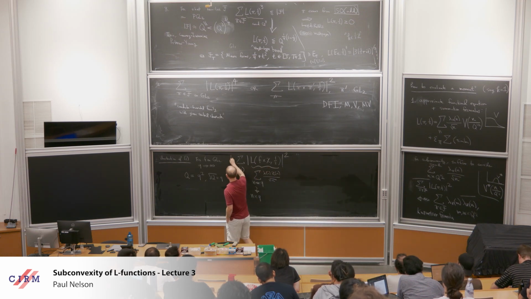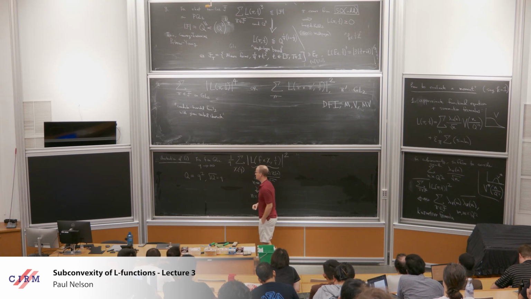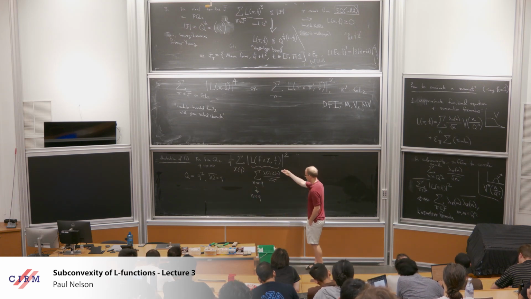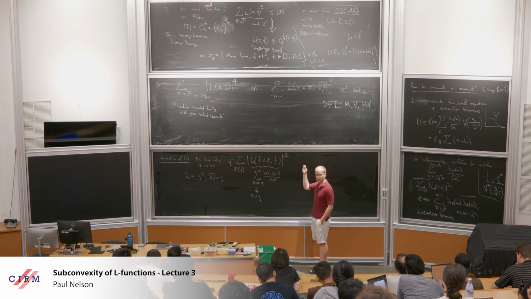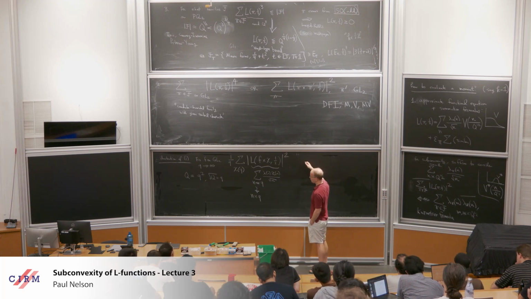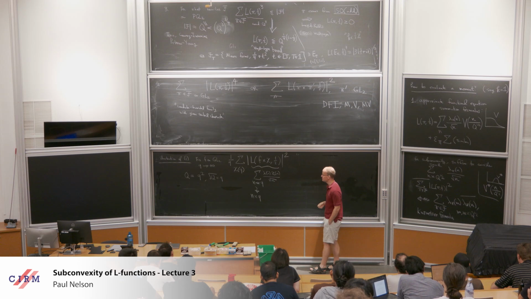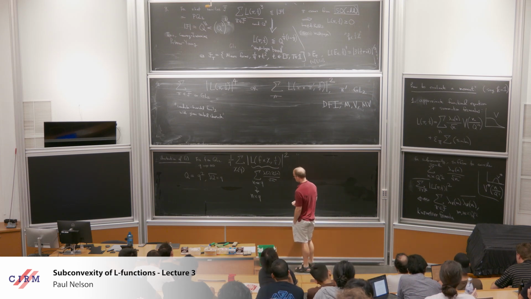Then maybe we normalize the moment, because we're interested in showing that what we've written is bounded by 1, or is actually asymptotic to 1 plus some robust error term. So what does this expand to?